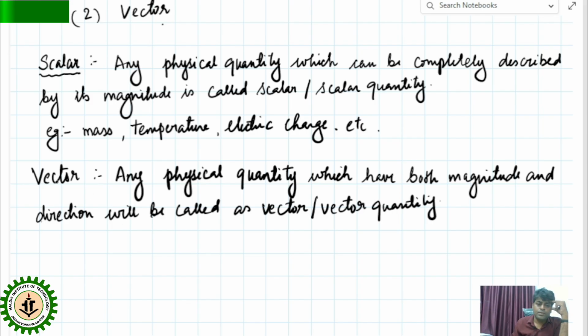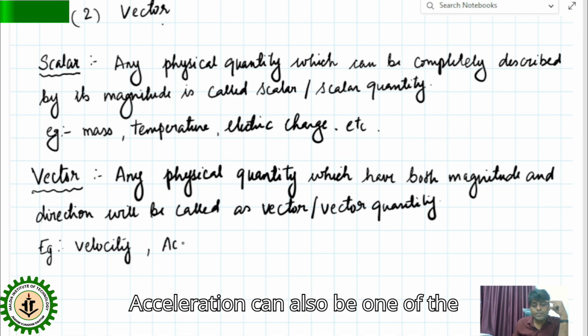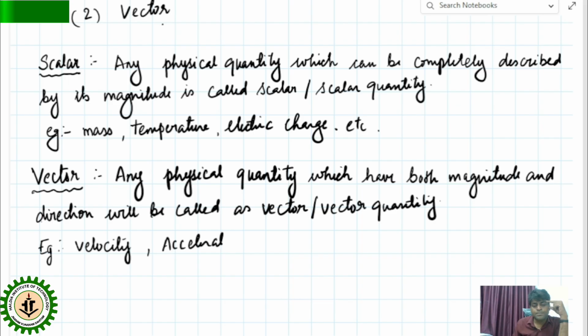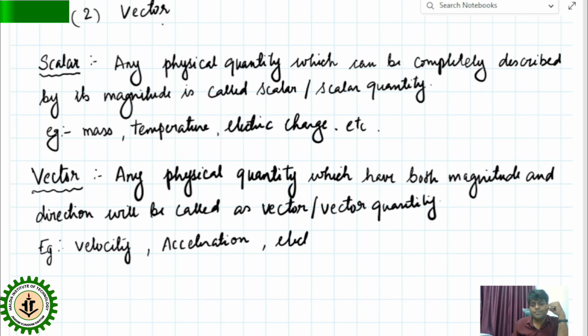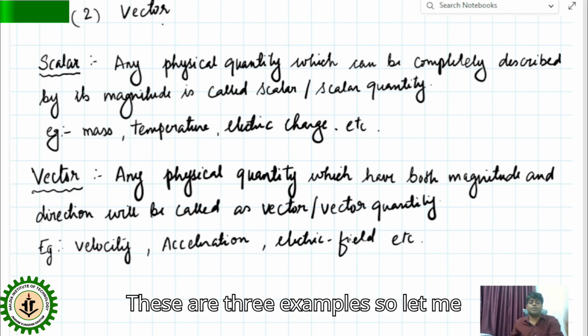Examples: velocity, acceleration can also be one of the examples. Then in terms of electric field. These are three examples.